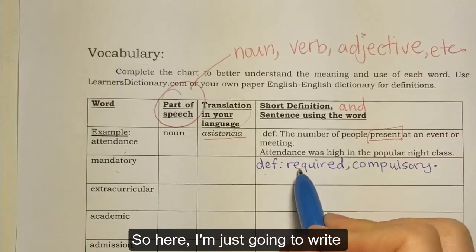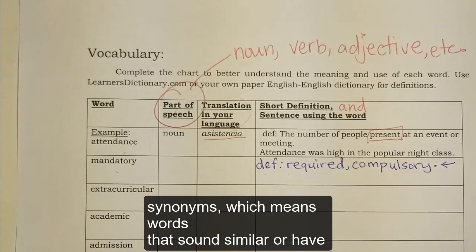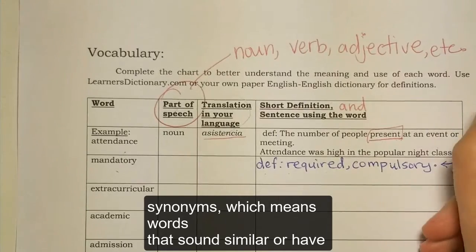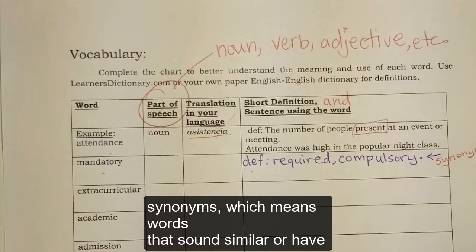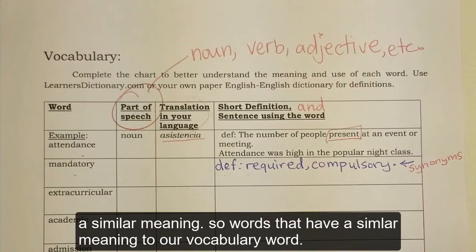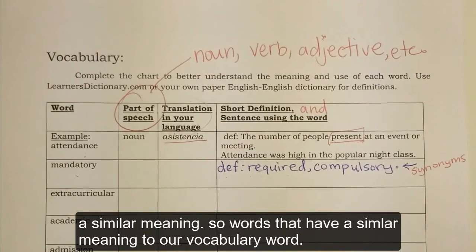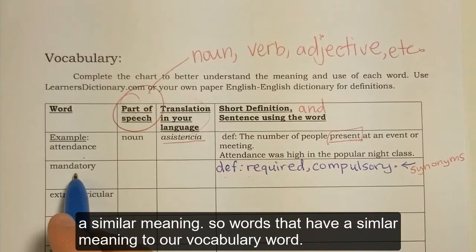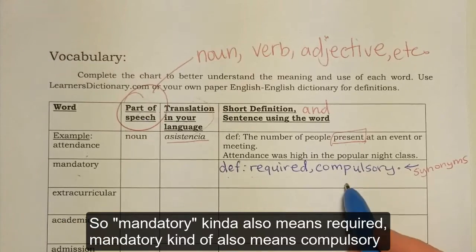So here I'm just going to write some synonyms, which means words that sound similar or have a similar meaning. So words that have a similar meaning to our vocabulary word. So mandatory kind of also means required. Mandatory kind of also means compulsory.